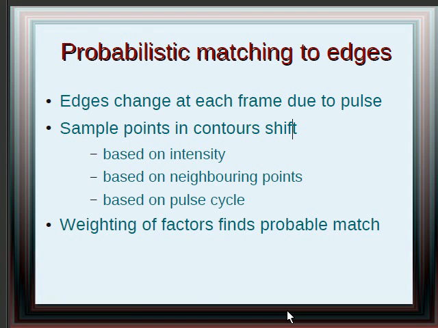So, taking into account all of these factors, you can say that a certain direction of movement, or a certain movement and shift in the edges, is most likely to be the correct one based on the anatomy.